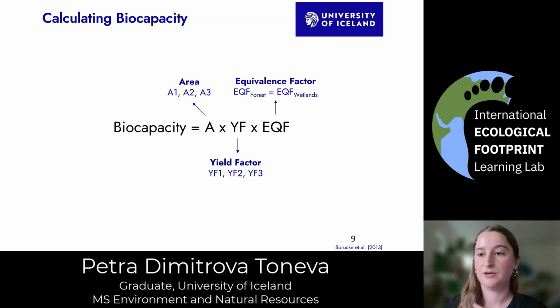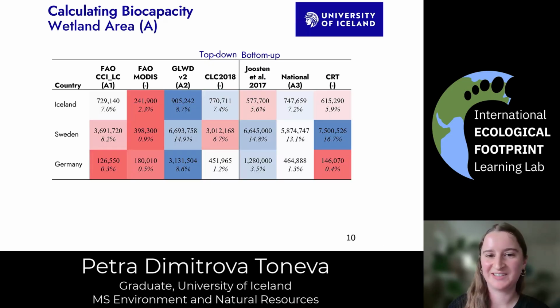And this is also the approach that is used for other land use types that are non-agricultural, like fishing grounds and built-up land, is that there's an assumption tied to them to relate them somehow to one of the other land categories. And with that, we can look at some different area data sets. So these are just area estimates for different countries in percent and in hectares.